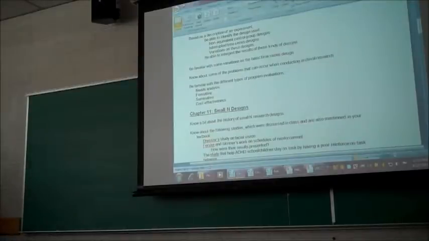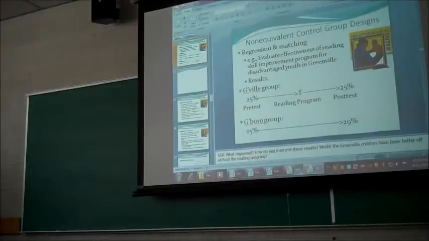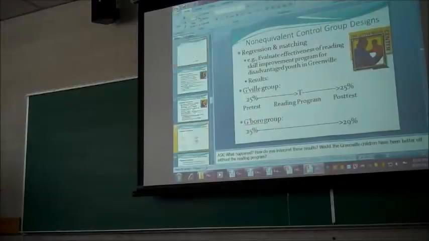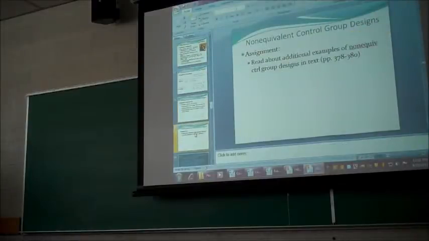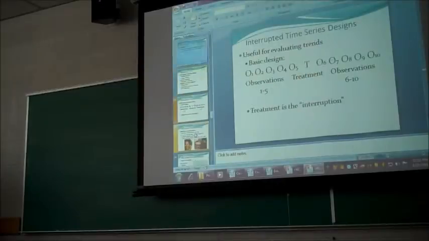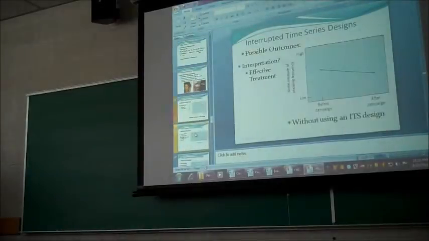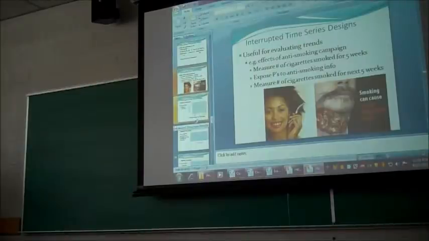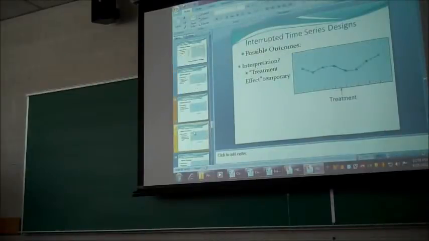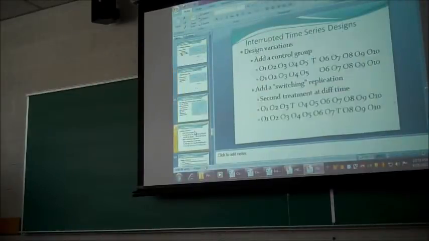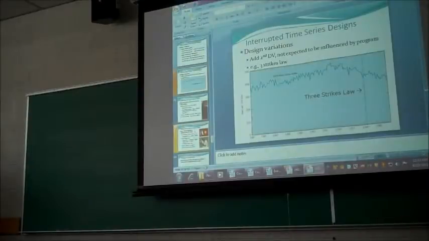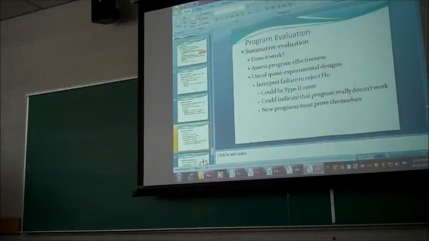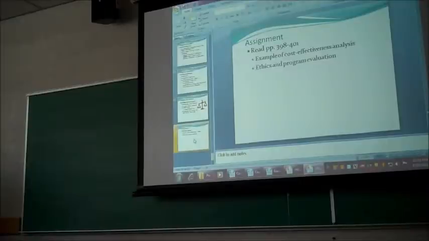Let me look and see exactly what pages those were. That was supposed to be over. Oh yeah. Nope, that's not equivalent control group designs. Remember that nastiness? Okay. Oh, it was in here somewhere.